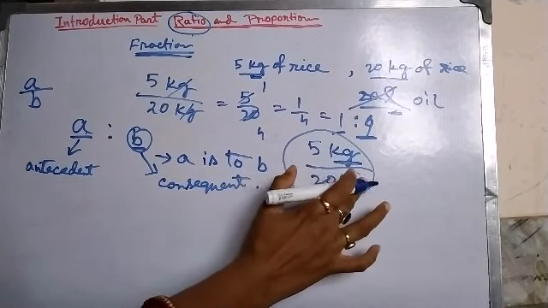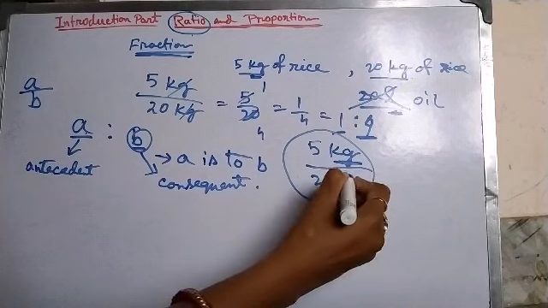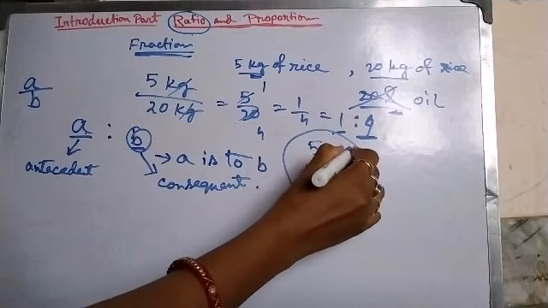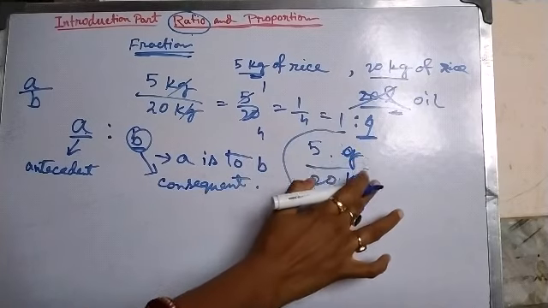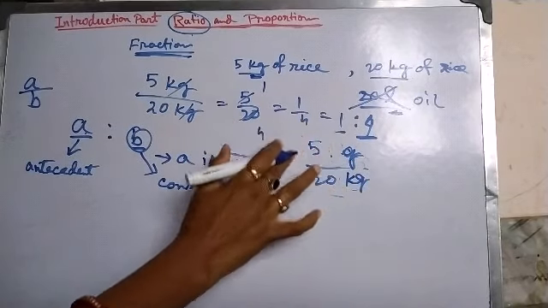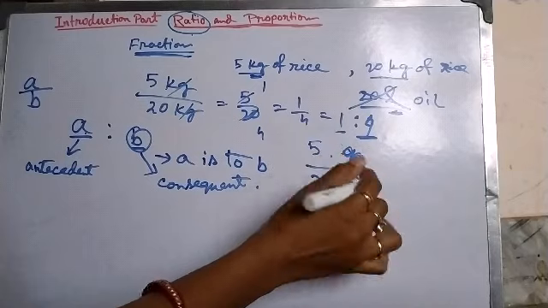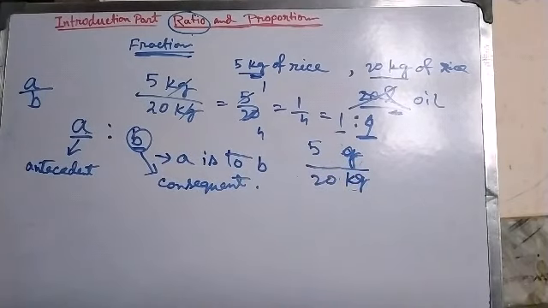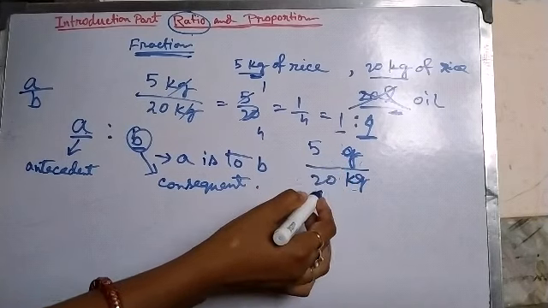If the units are kg and gram, then it can be written in ratio form.